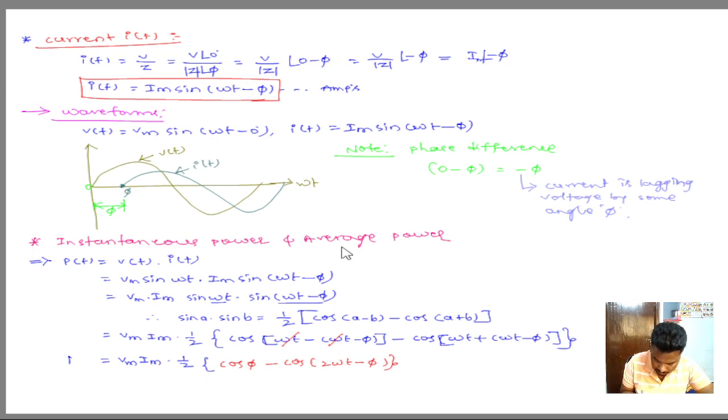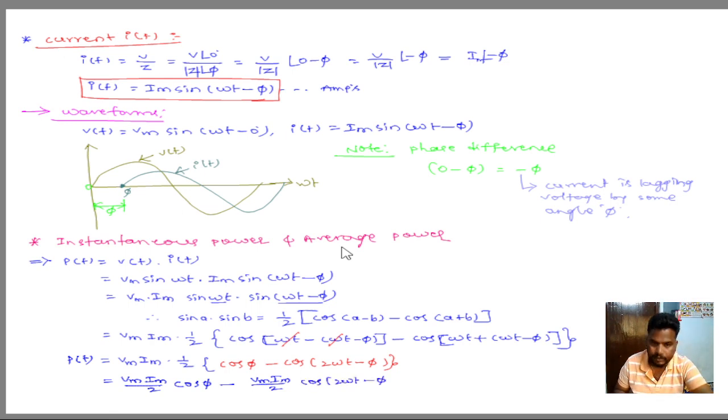P of t is equal to Vm Im into 1 by 2 cos phi. Otherwise, write Vm Im by 2 cos phi minus Vm Im by 2 cos of 2 omega t minus phi.